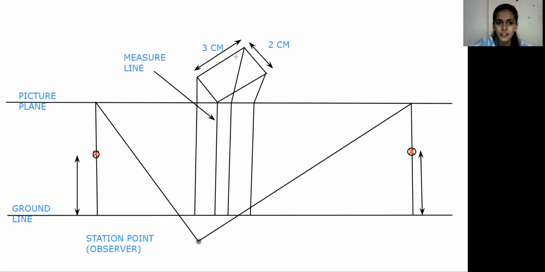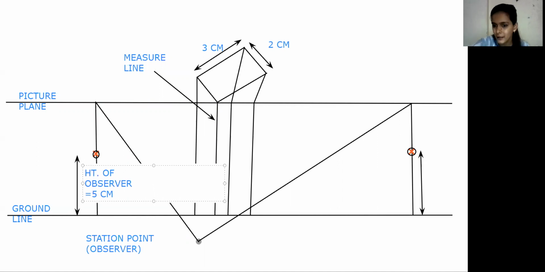And what is our height of observer? That is 5 centimeter. We have assumed that, or it is given in the data. Height of observer equals 5 centimeter.